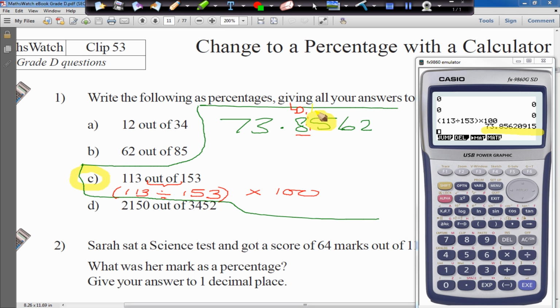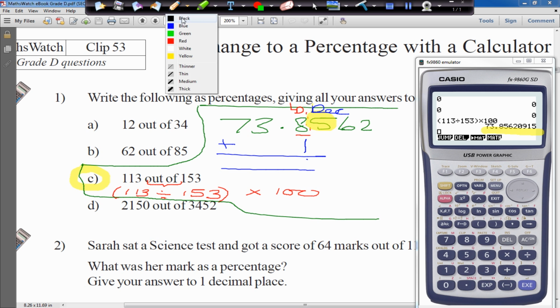Can we see the yellow? No, yellow's too light. See the blue? So the 5 is the decider digit. Now, if this is 5 or more, what do we do to the last digit? Add 1. That's what I'm going to do now. It is 5, and we have to stop here at the last digit. So 8 and 1 will give us 9.